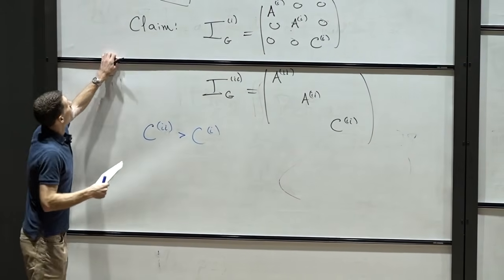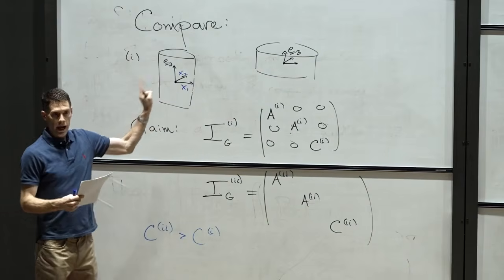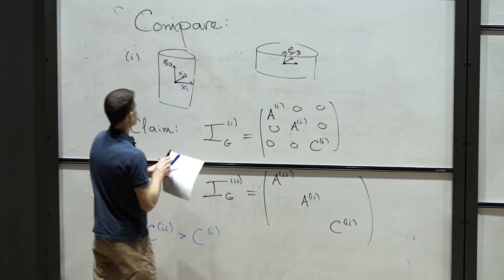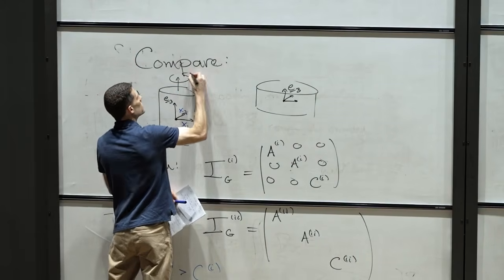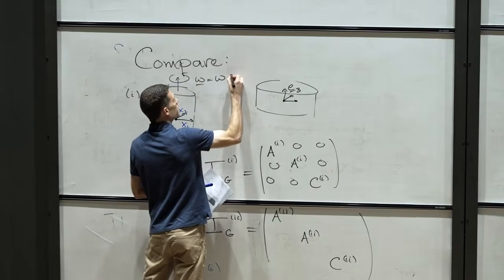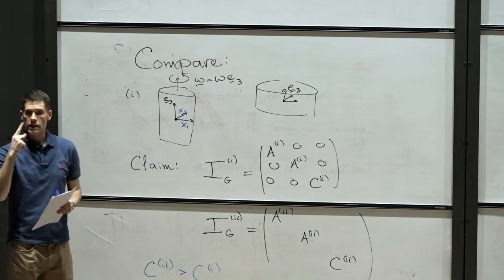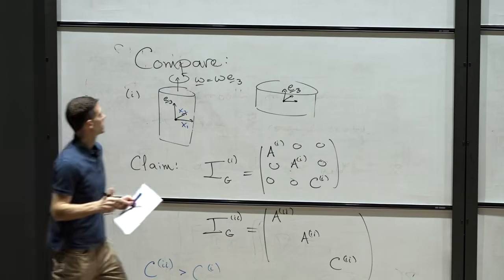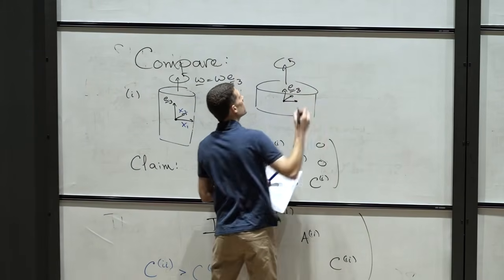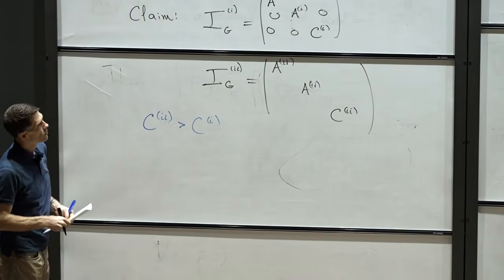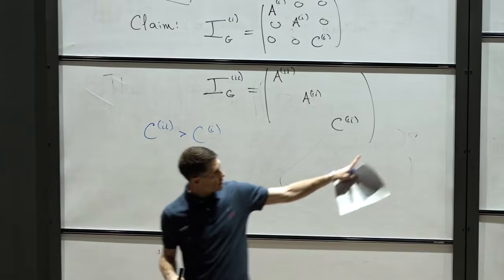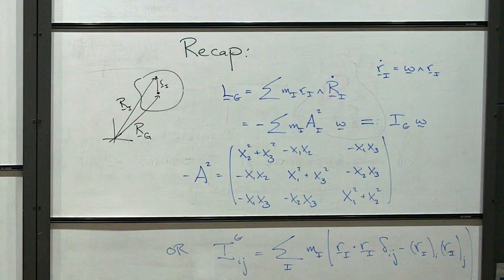Okay, now I want to imagine that I take the cylinder, I rotate it on that axis, its long axis. Okay, so let's find an axial vector omega, which we'll say omega E3. So I'm spinning the angular velocity only around that axis in both cases. So our derivation there tells me that the total angular momentum is this matrix times this omega.